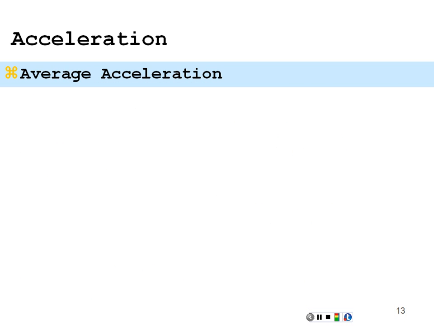Okay, so far we've defined displacement and we have defined velocity. There's one other variable that we need to define, and it's called acceleration. Acceleration is our change in velocity over our change in time. The average acceleration is delta v, our final velocity minus our initial velocity, in some interval of time.